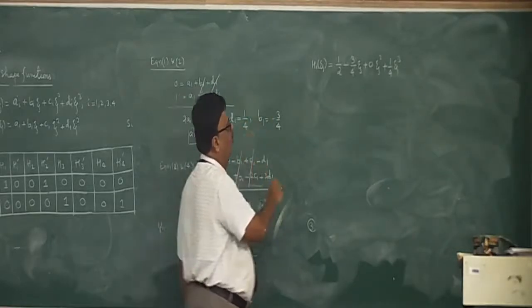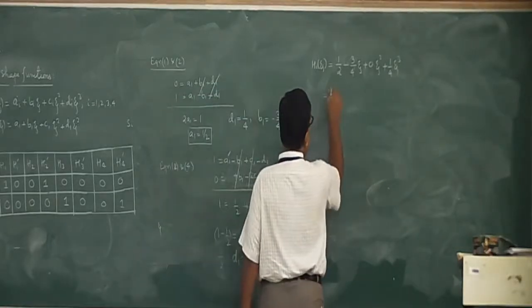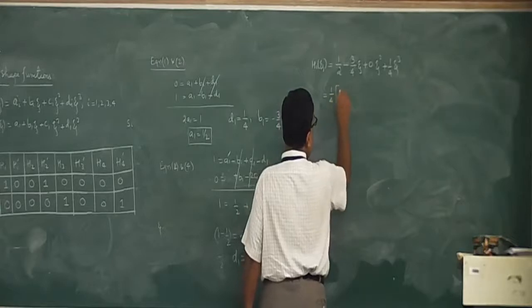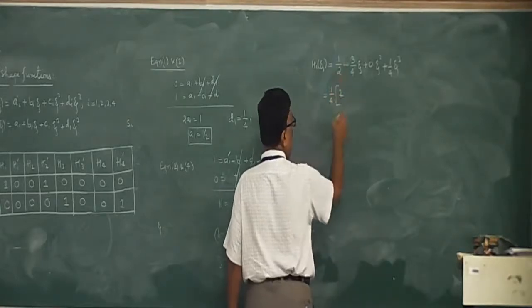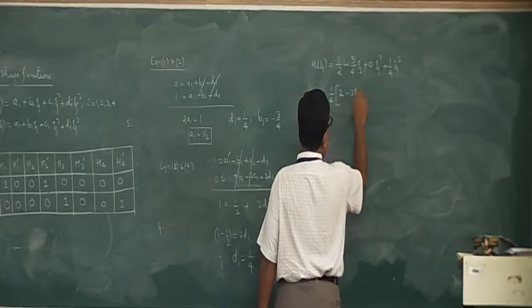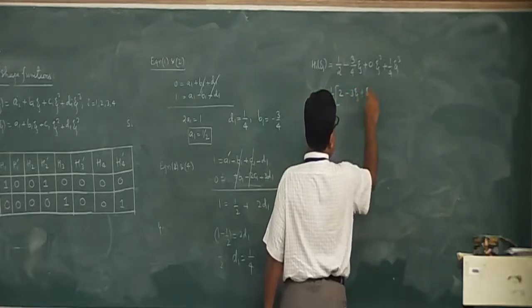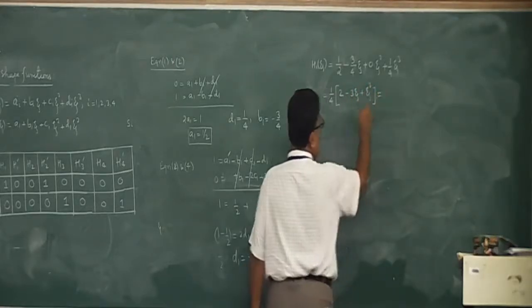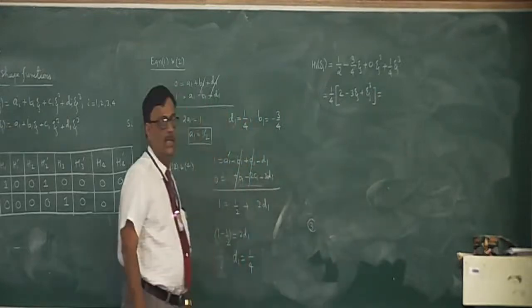Suppose if I take 1 by 4 out of this, 1 by 4 will come, 2 minus 3 zeta plus zeta cube. This is going to be what is called H1 of zeta.